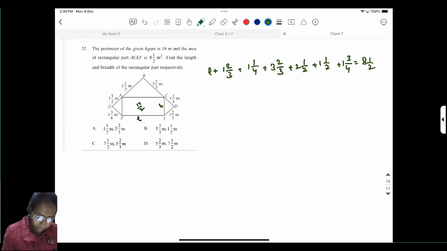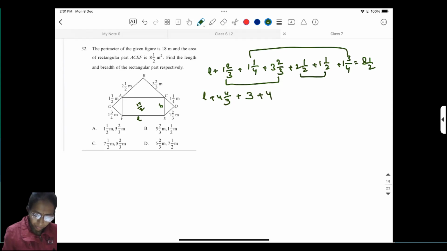Now, L, 1 2 by 3 plus 3 2 by 3 will be 4 into 4 by 3, plus 1 1 by 4 and 1 3 by 4, that is 2 and 4 by 4, that is 3, and 2.5 and 1.5, and 3 and 1 by 4 is equal to 8.5.